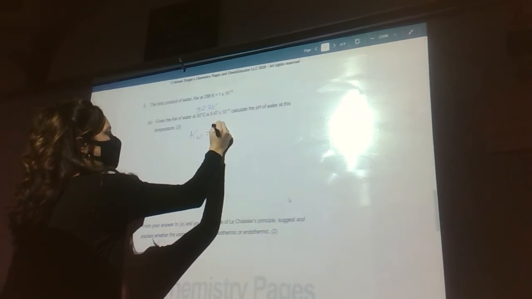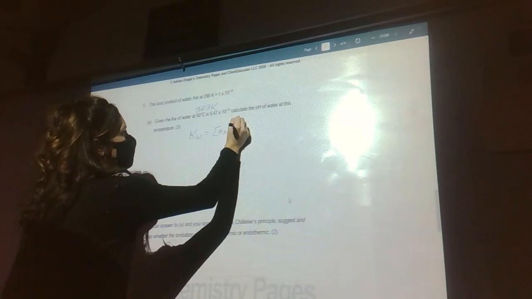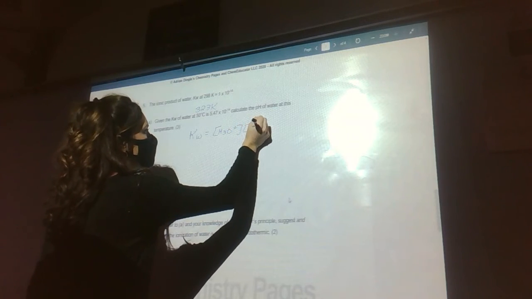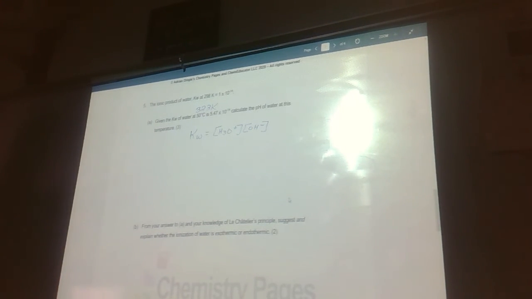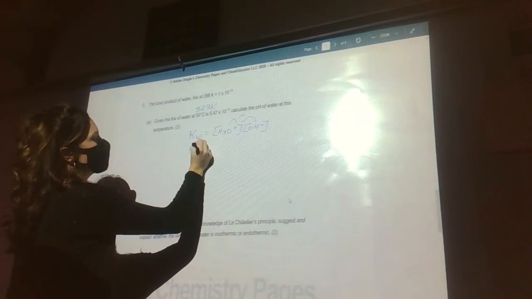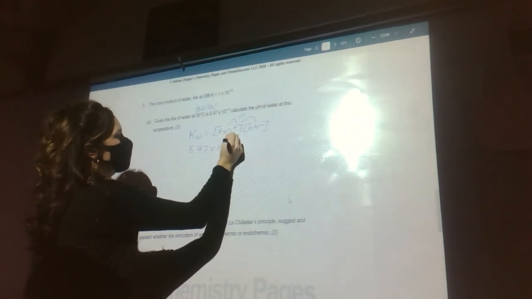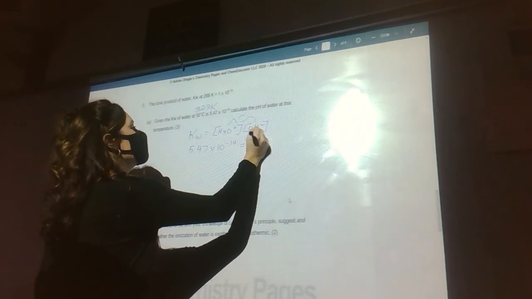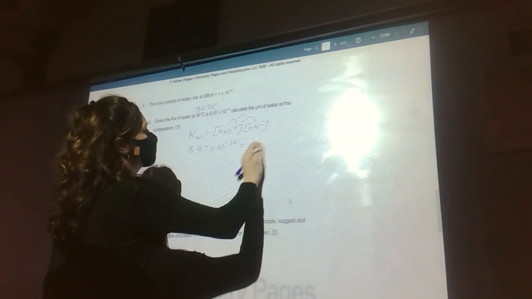So, Kw is hydronium times hydroxide. And no matter what temperature you're at, these are still equal for water. So 5.47 times 10 to the negative 14th equals, we'll just say x squared.